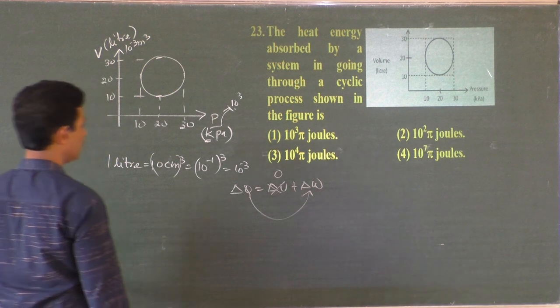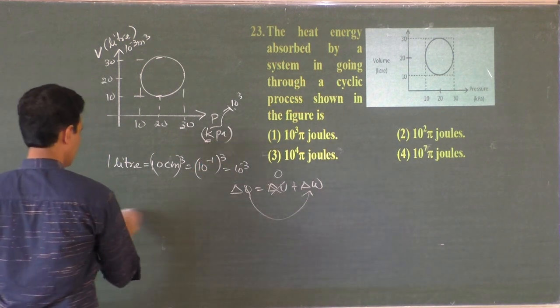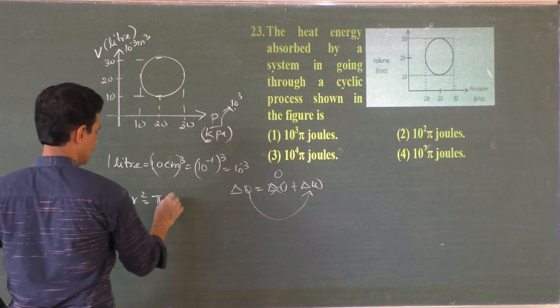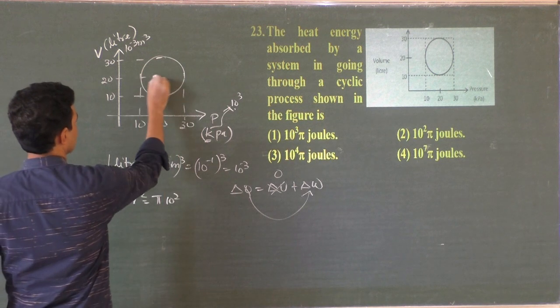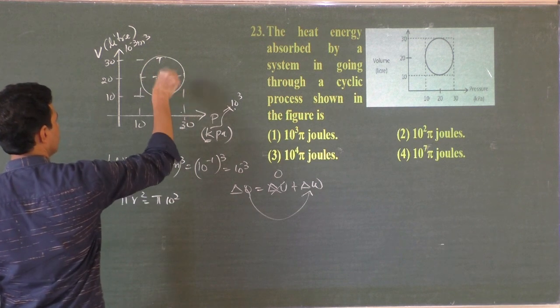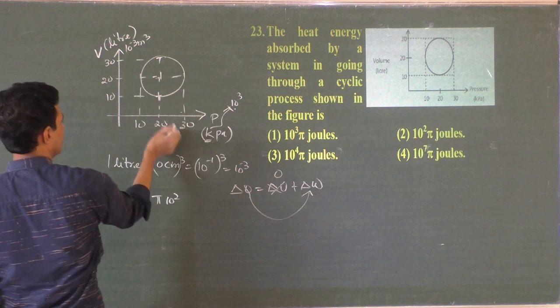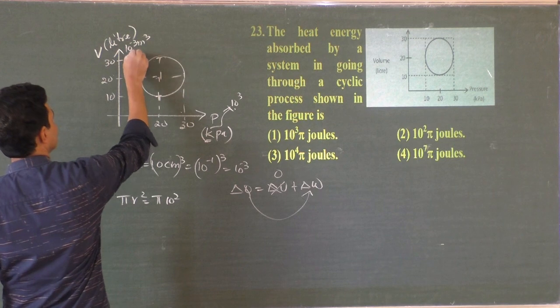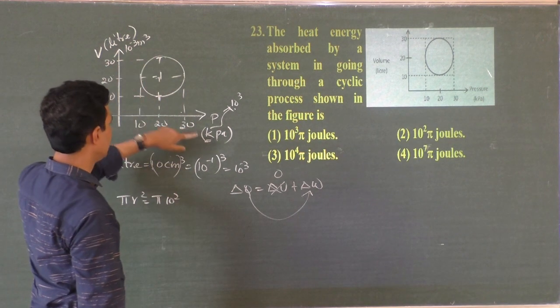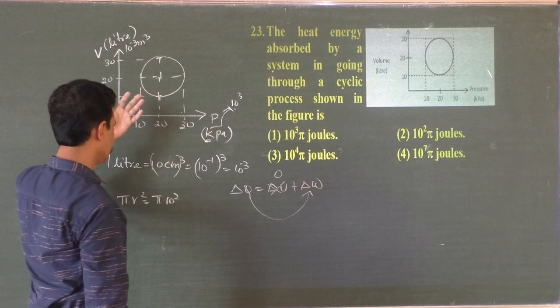So if you want to find out work done, area under the PV diagram, area is pi r squared, that is pi into 10 square, because wherever you see the radius, it is 10, correct? And when you find r square, here and here, multiplied kilo, and this got the milli, and that gives the same 10 to the power minus 3, and plus 3 becomes 10 to the power 0, 1.